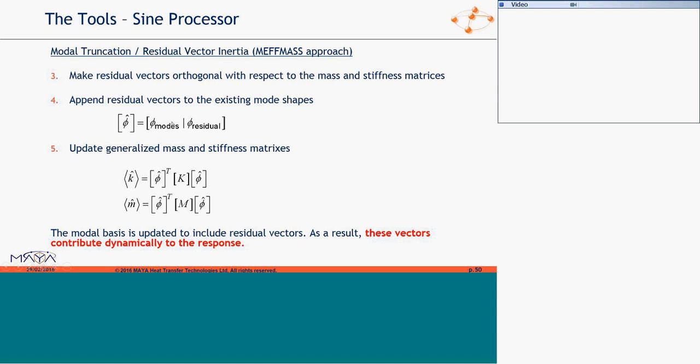So they're your actual modes you request, the ones you're used to getting, plus your residual modes. Then the mass and stiffness matrices are updated using all these modes, the total modal basis here, and they represent the static response that's orthogonal to the retained modes, and they can be used in the vectors that you're using for superposition.